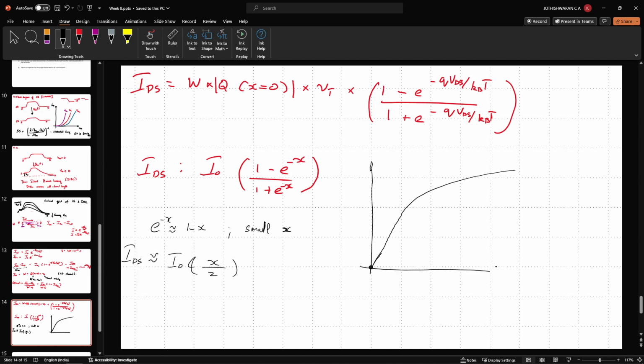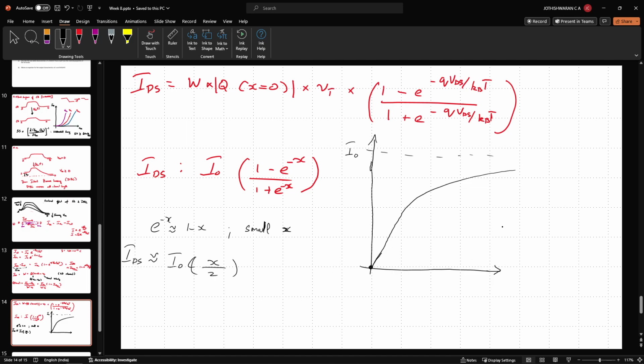In the limit x tending to infinity, this will become parallel to the x-axis and will achieve the value I naught. So I naught will always be greater than this curve, whatever saturation current we are thinking of. So this will kind of rise like this.